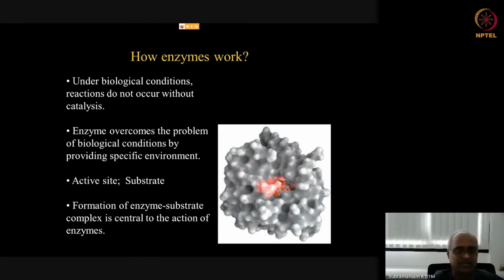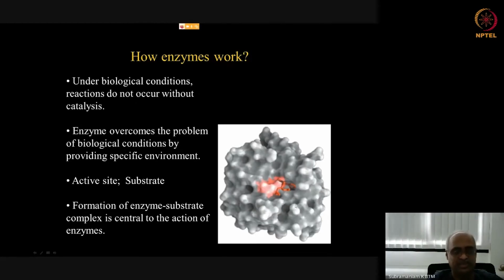The specific environment is made possible by the overall three-dimensional structure, as shown in this space-filling model on the right, where the substrate molecule is shown colored. You need a site, a workspace where the substrate selectively fits and nothing else fits, and then other groups that enable the reaction to happen.